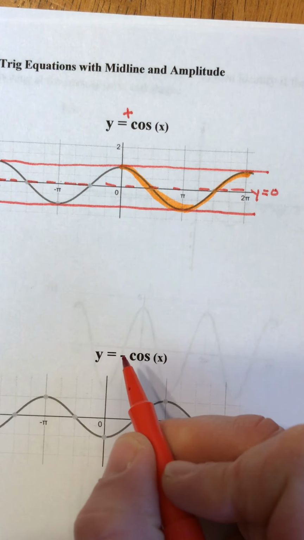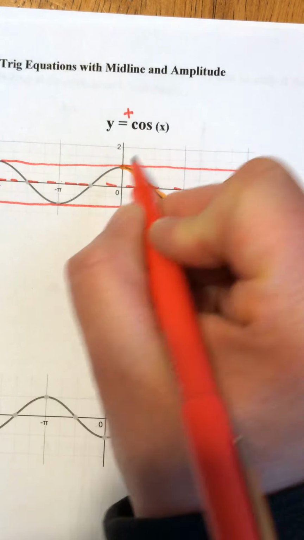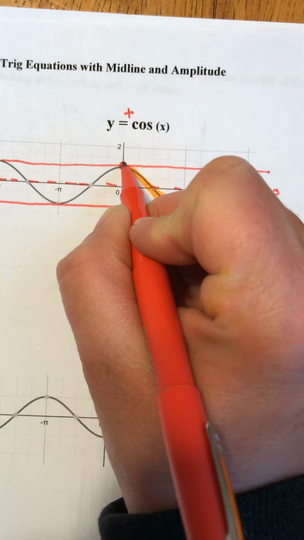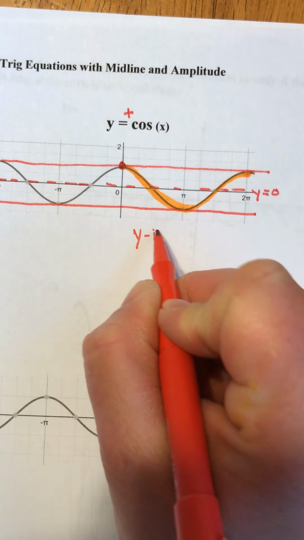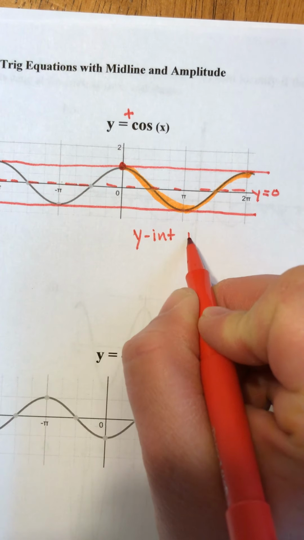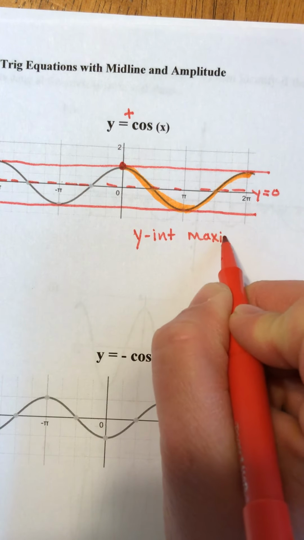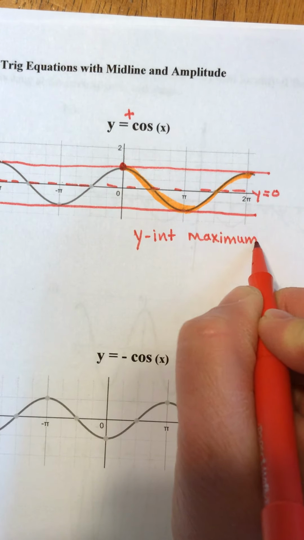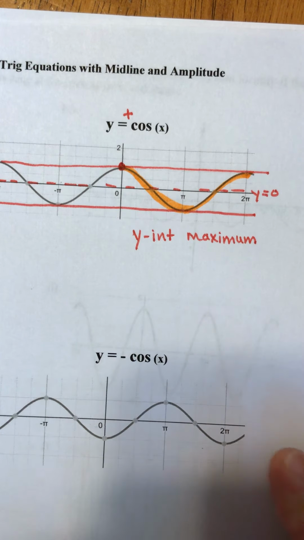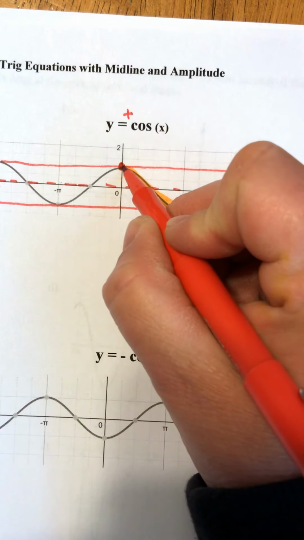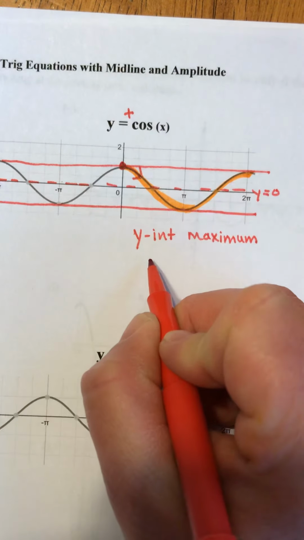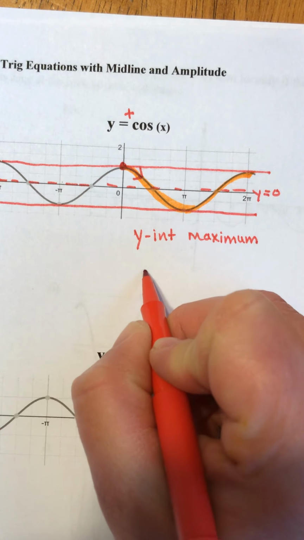Looking at where our y-intercept is for this cosine graph, it's up here at a maximum value. So my y-intercept is at the maximum. Unlike sine, which started in the middle, we're starting at the top, and from the top we go down.